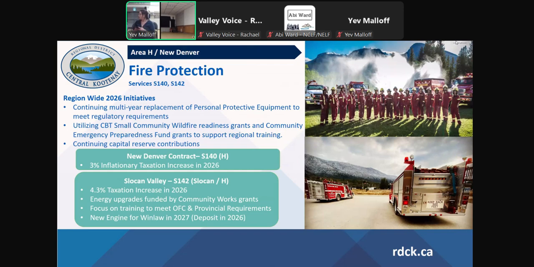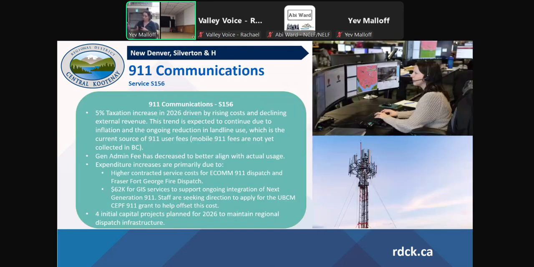What's the main barrier to collecting fees from mobile users? Federal and provincial legislation. We don't collect a 911 fee ourselves. The telephone providers, so TELUS, collect the fees for landlines and then we get money from TELUS for that.